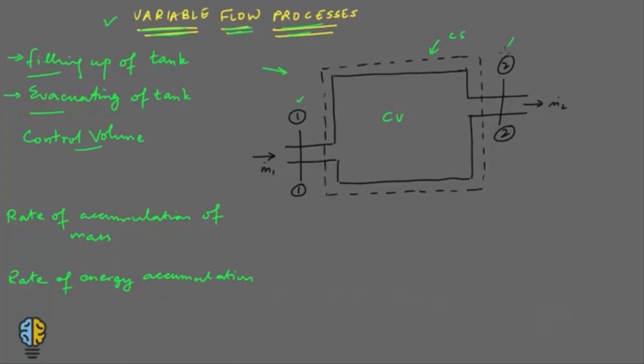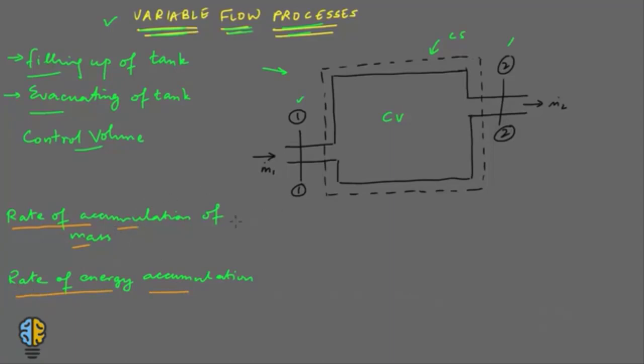The two things we are interested in while analyzing a non-steady state operation are the rate of accumulation of mass within the control volume and the rate of energy accumulation within the control volume.